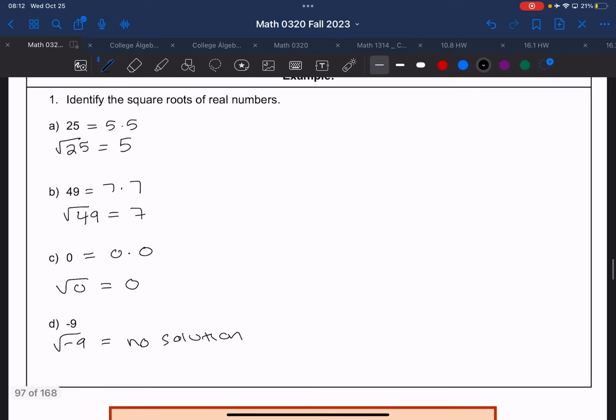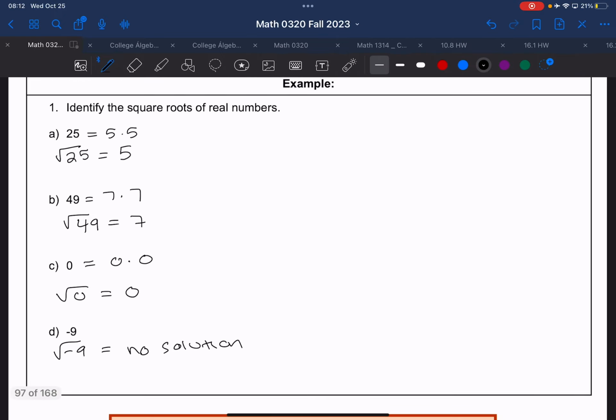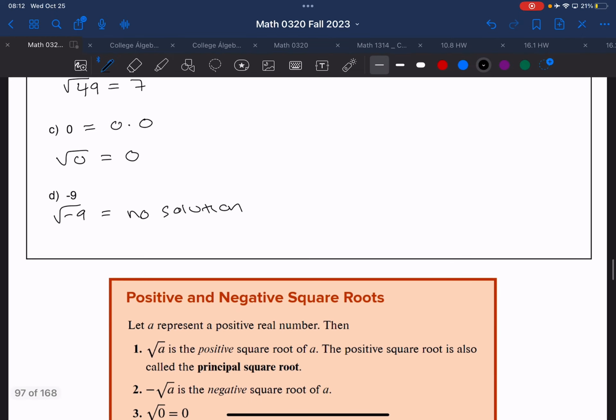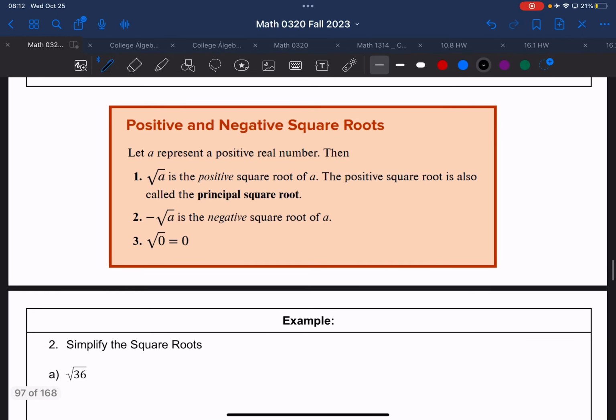Okay? So again, that's just an introduction to what we're kind of doing. So this is the simple part. Okay, we can have positive or negative square roots. So we saw that above. We saw that if we have the square root of a positive value, then we're going to get a positive square root. So when we took the square root of 49, we got 7, both positive numbers.